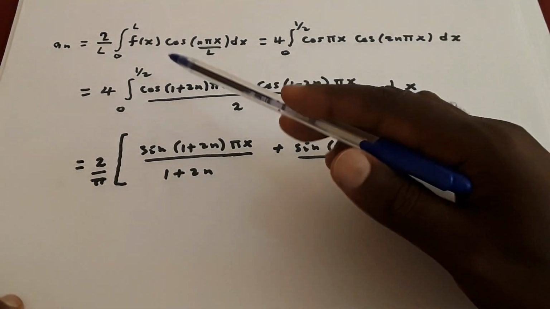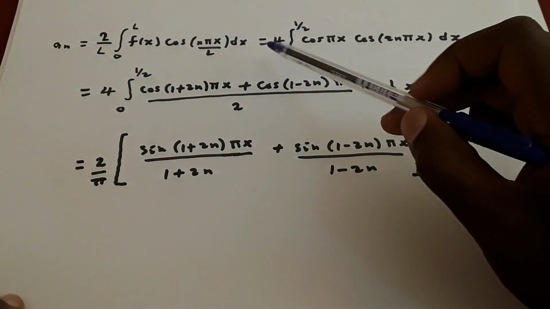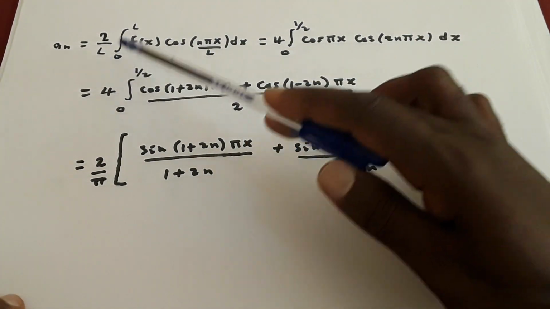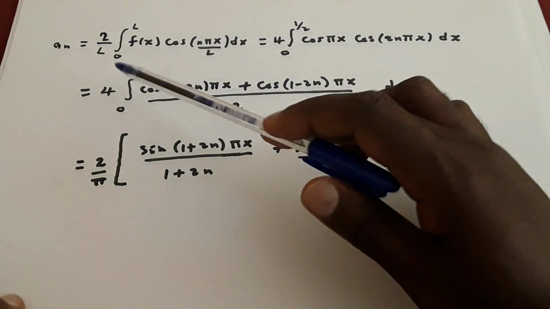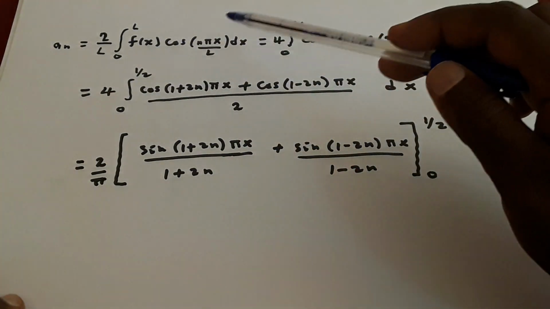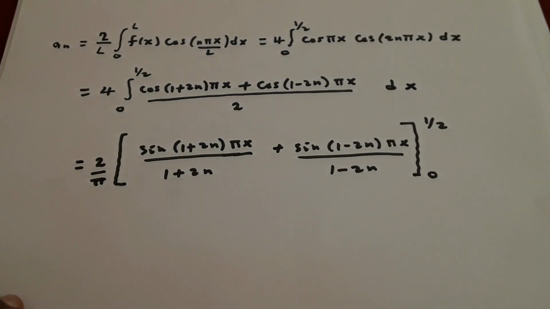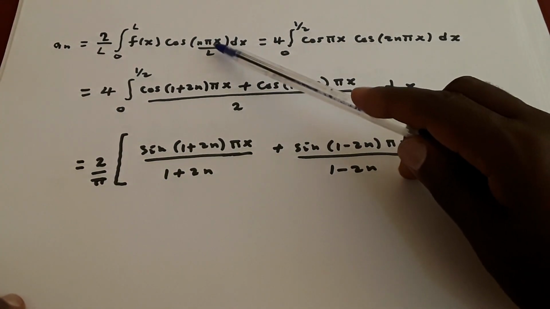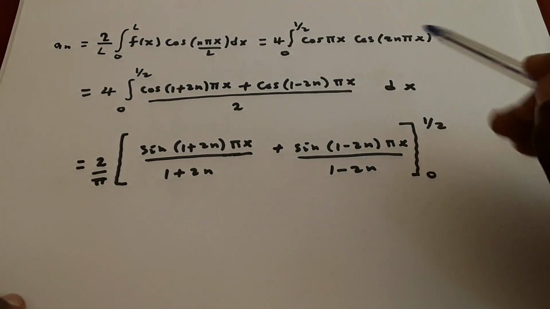Again, an is 2 over L, integral from 0 to L of f of x cos n pi x over L. Since L is half, 2 over half is 4, from 0 to half of cos pi x times cos 2n pi x dx.